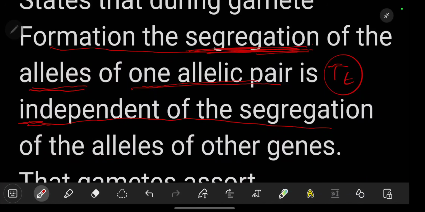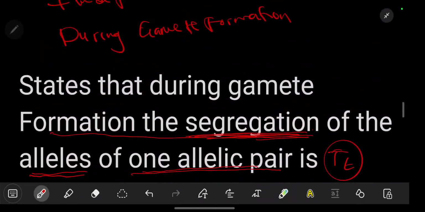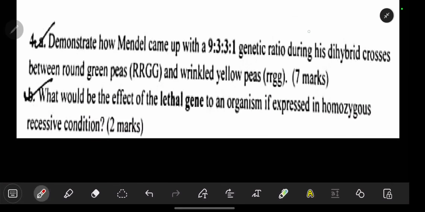There is a possibility that someone might be tall and black, someone might be tall and brown, and all that is independent of the segregation of the alleles of the other genes. Gametes assort independently. With that said, we are now going to answer questions dealing with that.